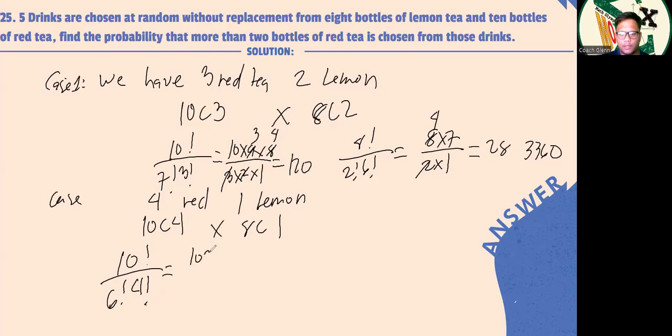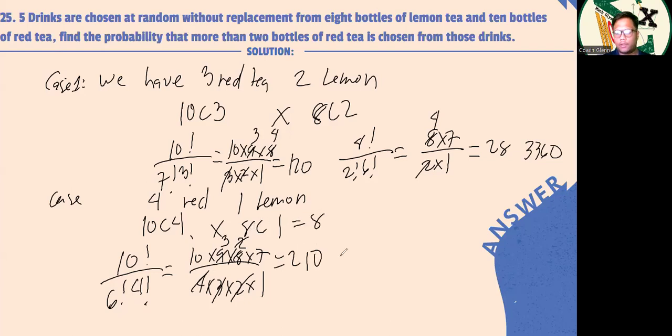So that's 10 times 9 times 8 times 7 over 4 times 3 times 2 times 1. First, cancel 4. So we get 2 here. We can also cancel that again here. And then cancel 3 from 9. So we have 3. So we have 10 times 3 times 7. So that's 21 times 10. So that's 210. And then for 8 choose 1, that's just simply equal to 8. So we have 210 times 8.